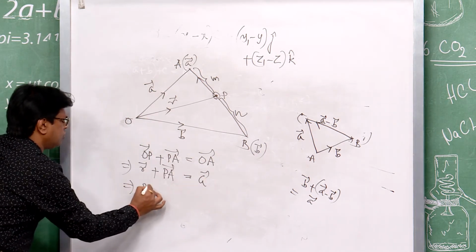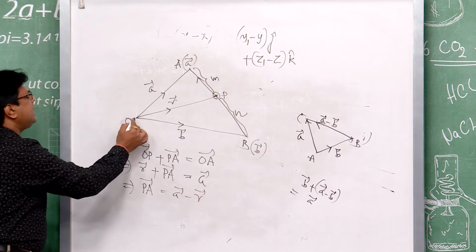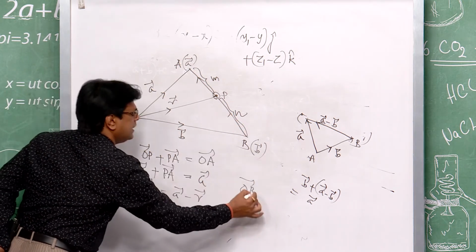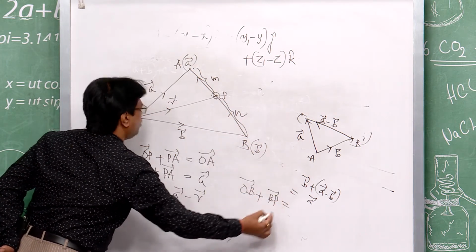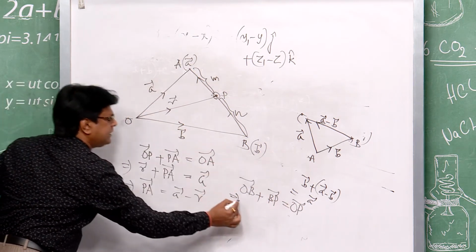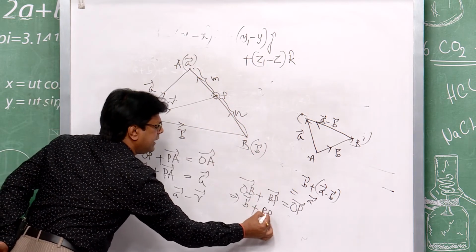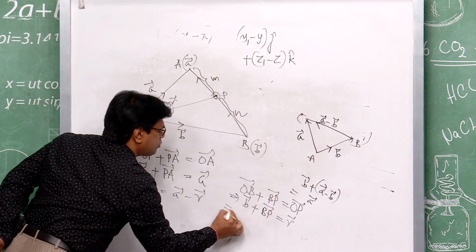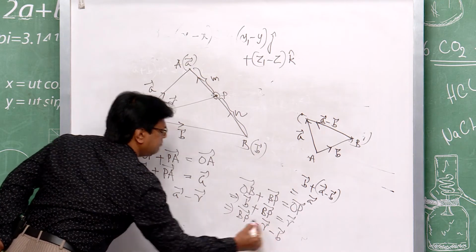So, PA is equal to a vector minus r vector. Similarly, OB vector is equal to b vector plus BP vector, and OP is equal to r vector. So, BP vector is r vector minus b vector.